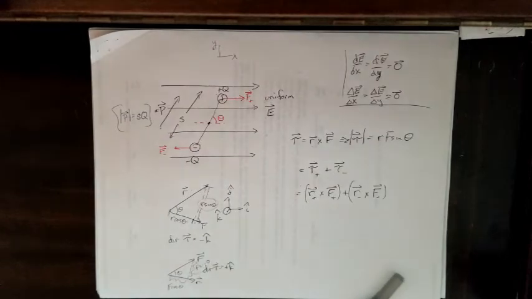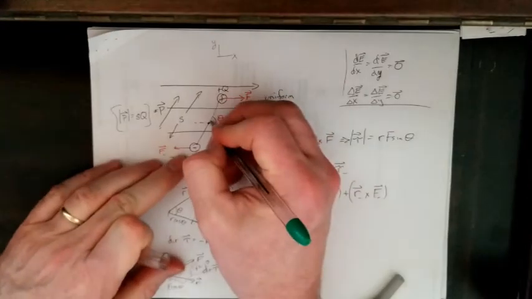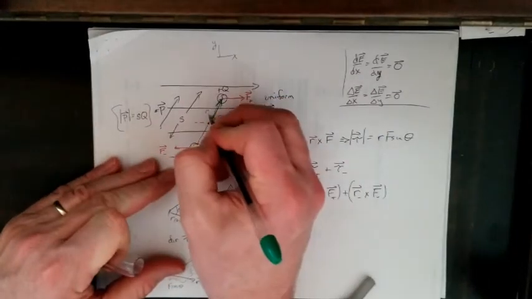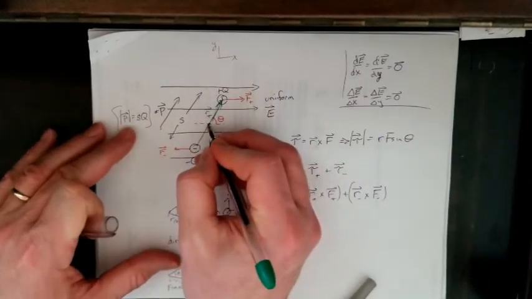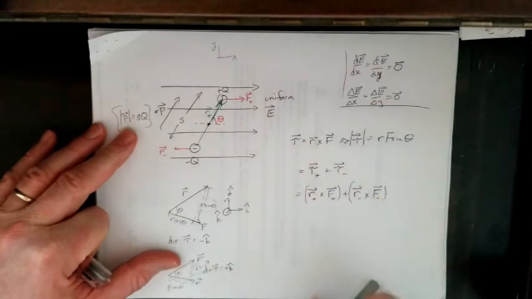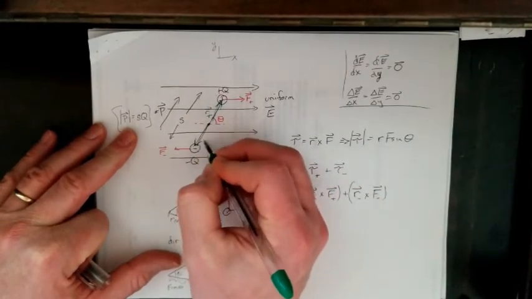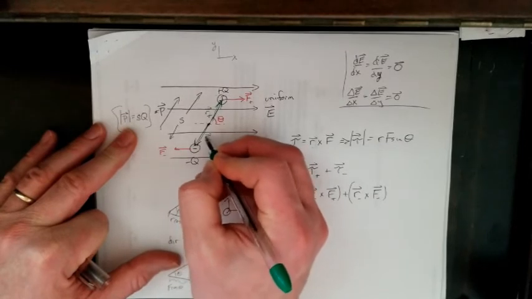And my r and f, that right there, that's my r positive. And my r negative, again, the moment arm is from the pivot point to where the force is applied. So that's my r negative right there.